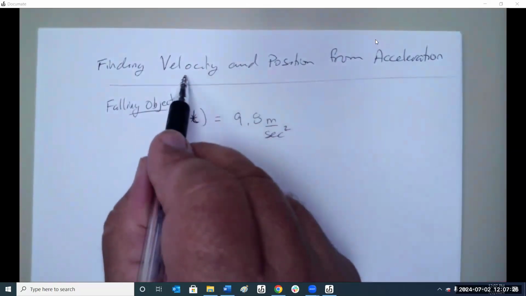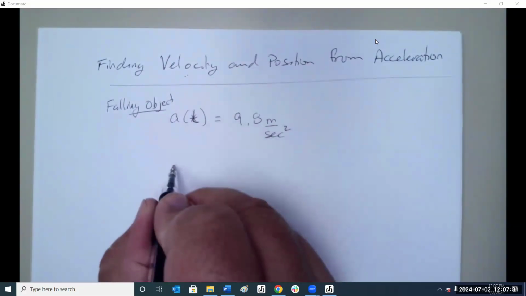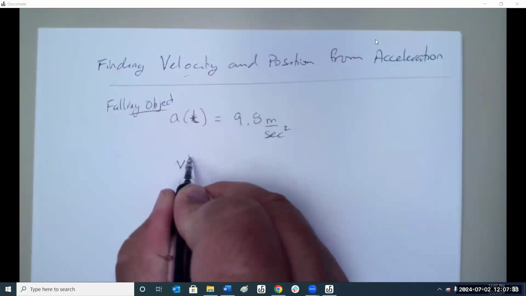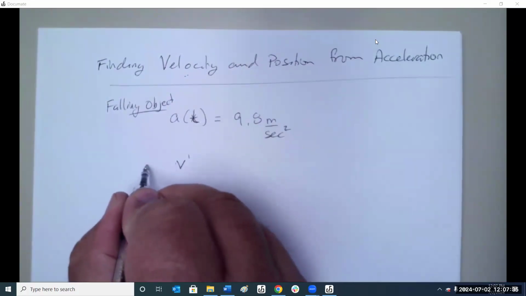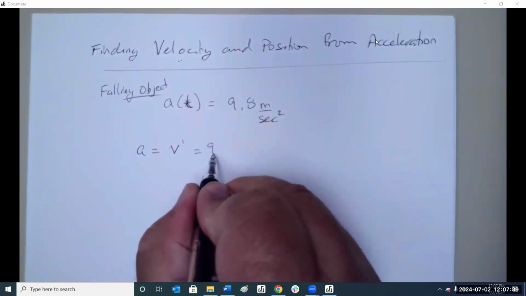Okay, so let's find the velocity from there. So what we're looking for here, this is the first derivative. Remember, acceleration is the first derivative of velocity. It equals 9.8.